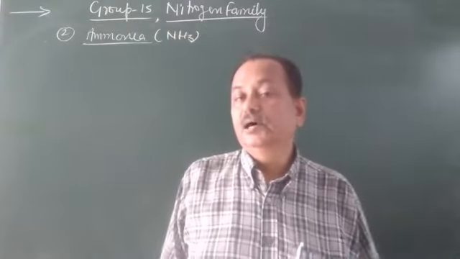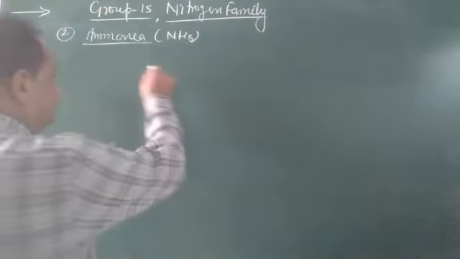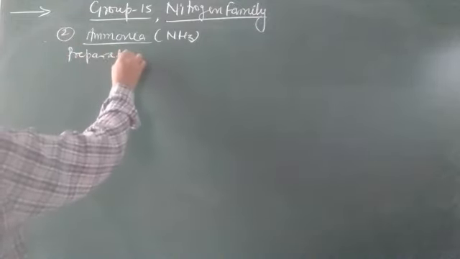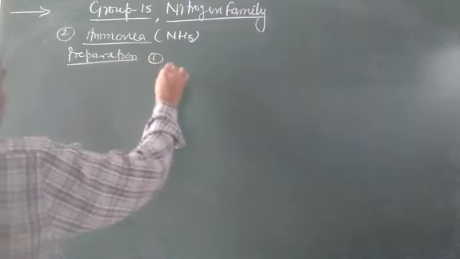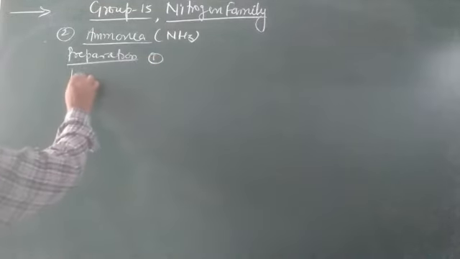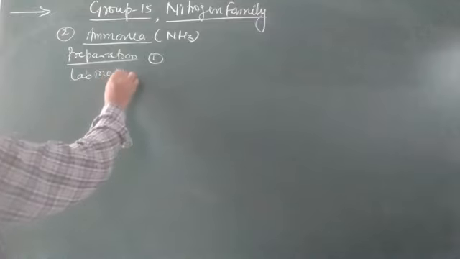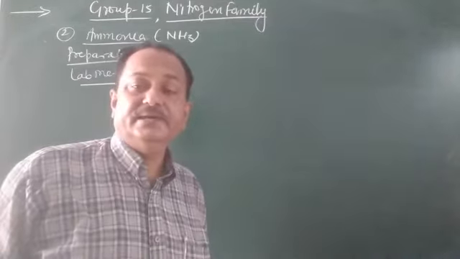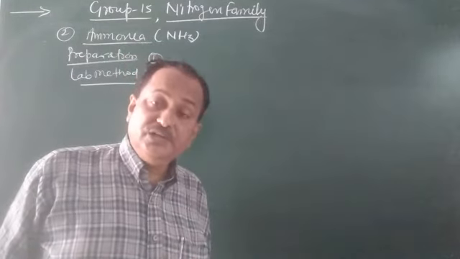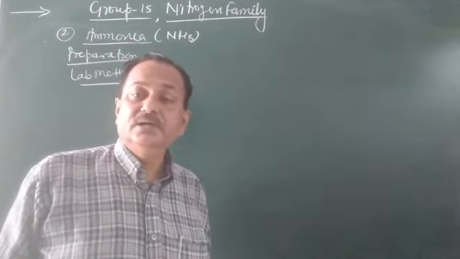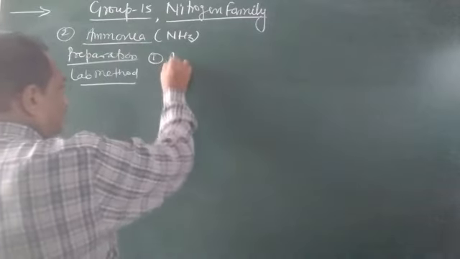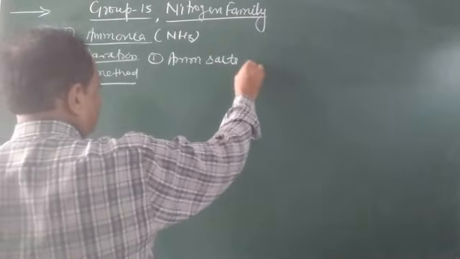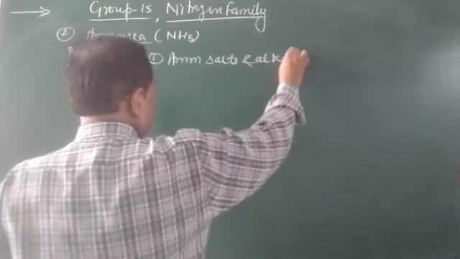Now next is ammonia, NH3. Again we see the first preparation, the lab method. In laboratories, it is prepared by reaction between ammonium salts and alkali.